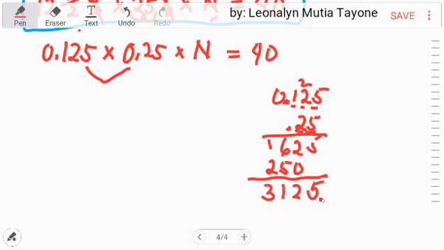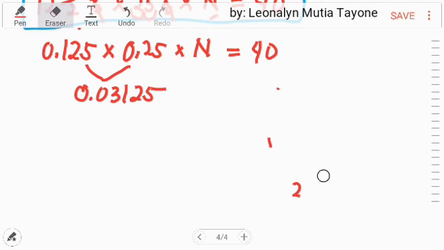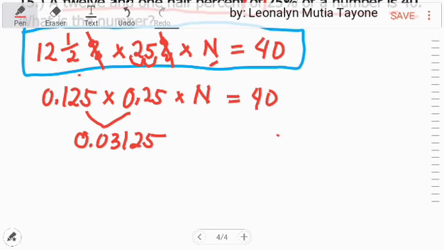Dito tayo mag-count. 1, 2, 3, 4, 5. 0.03125. Trace muna natin ito para may space tayo. Ngayon, 0.03125. Ang product nitong 0.125 times 0.25 times n equals 40.